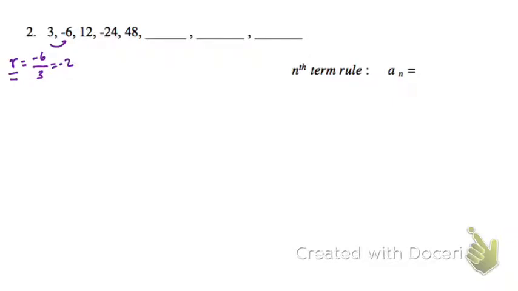Now remember, you should be able to take any number in our list and divide it by the number in front and get -2. Well, if we take 48 divided by -24, we get -2. If I take 12 divided by -6, I get -2. So we multiply by a negative number here, and that's what makes our sequence alternate.